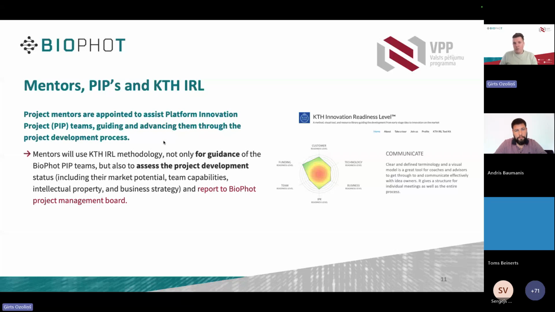And this is where the KTH Innovation Readiness Level comes in. That's why we are having this training today, so we are all on the same page and understand what it means and how this process is organized.